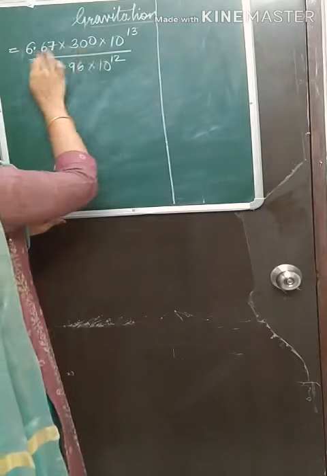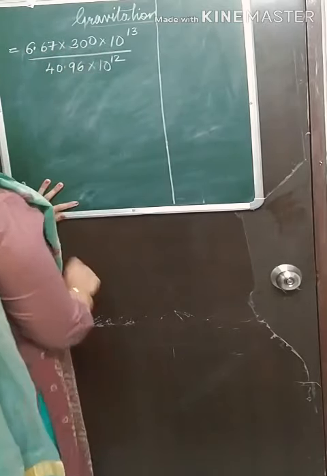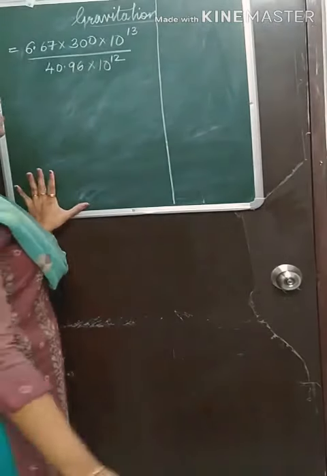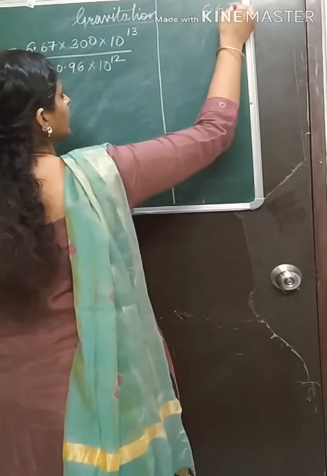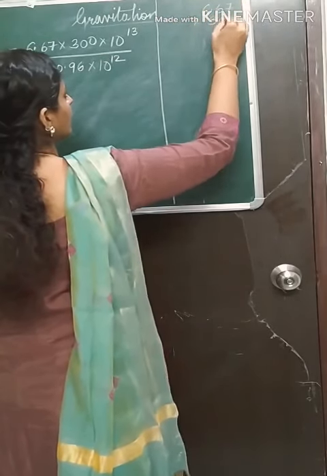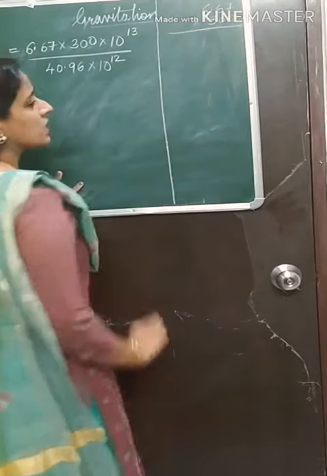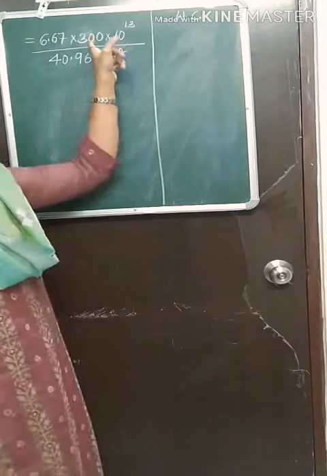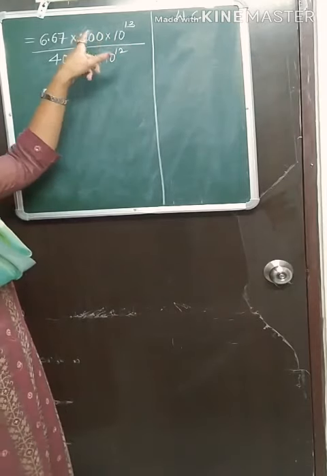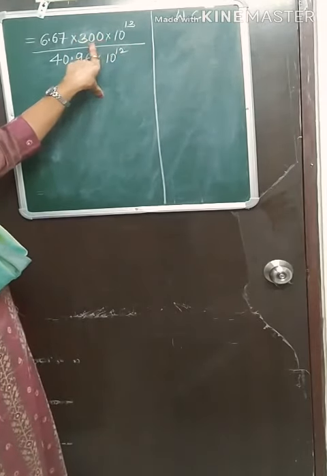Now let us solve this part. 6.67 into 300. Please do that. What is the answer that you will get? We had done 50 into 6 and we got 300.